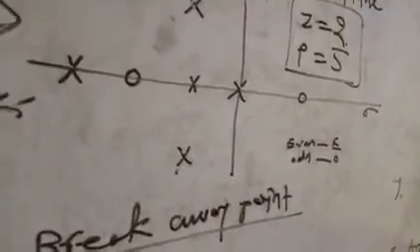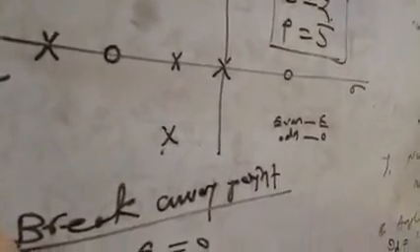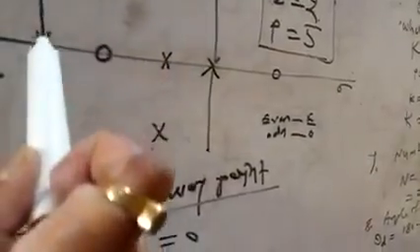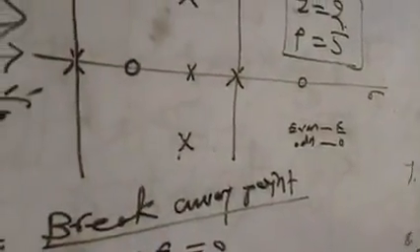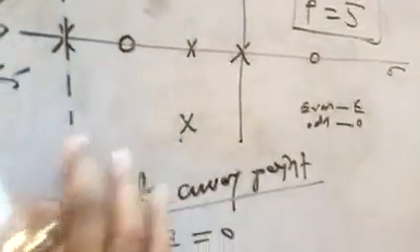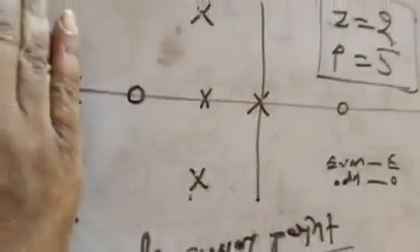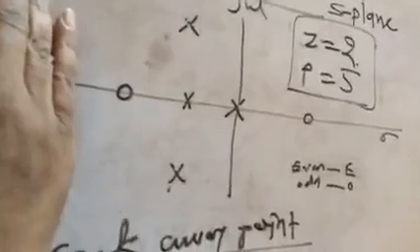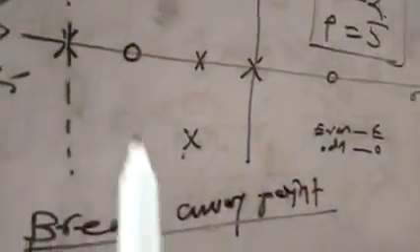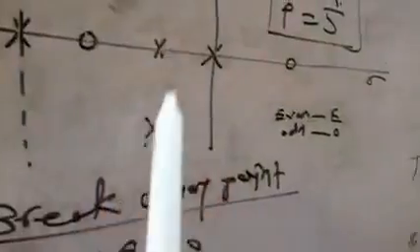Now when we walk from left to right and stop at this pole, we determine the number of poles and zeros. Hide this point and see on the right side the number of poles and zeros: 1, 2, 3, 4, 5, 6.